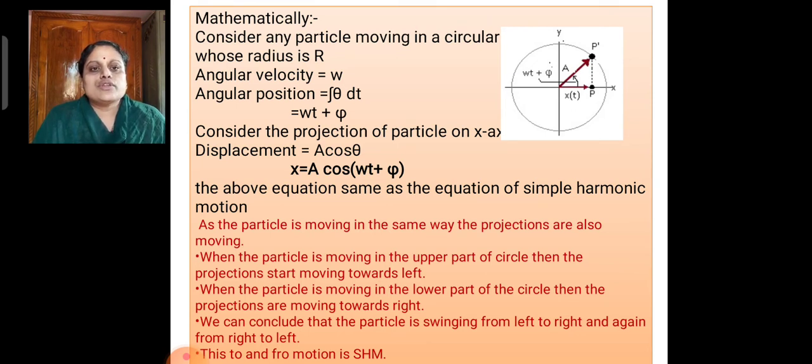So, the motion of the projection is an example of simple harmonic motion, whereas the motion of the particle can be treated as uniform circular motion.